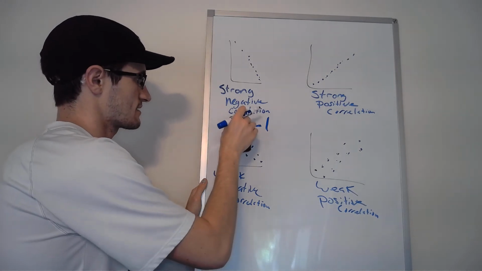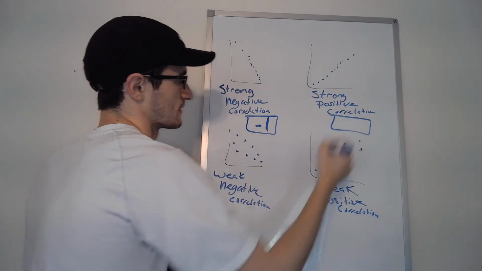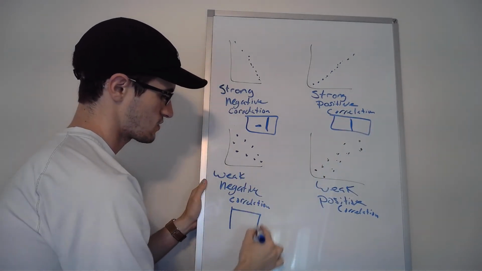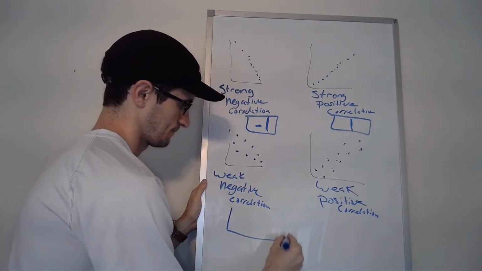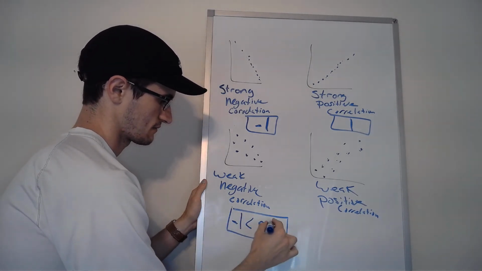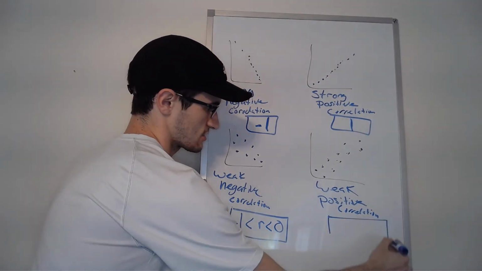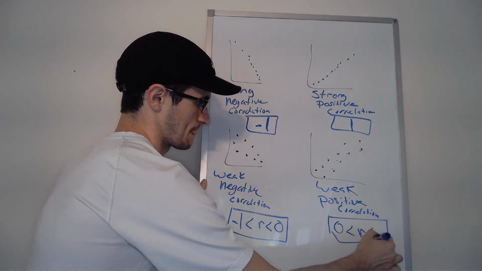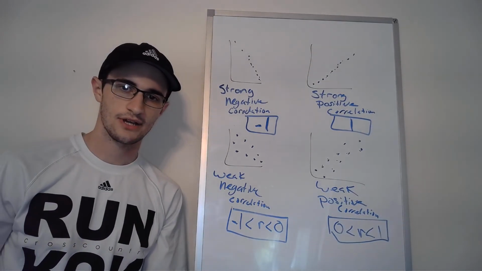There's a little box there in your paper. So a strong positive correlation is going to be close to 1. A weak negative correlation is between negative 1 and 0. And a weak positive correlation follows the same pattern, between 0 and 1. Again, these are fill-in-the-blank notes, okay?